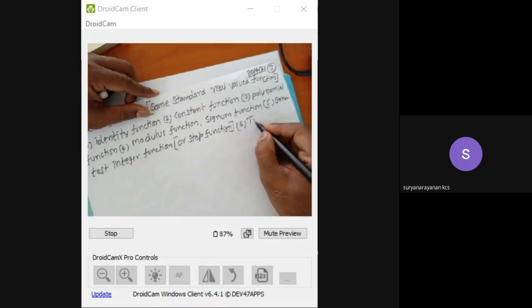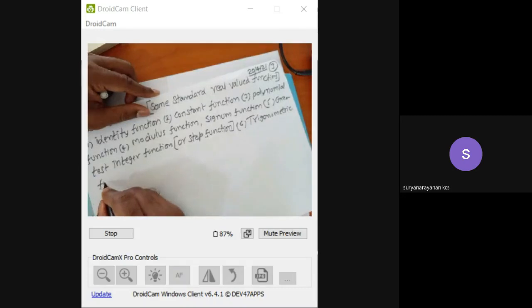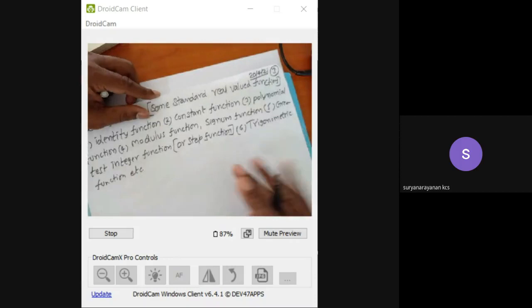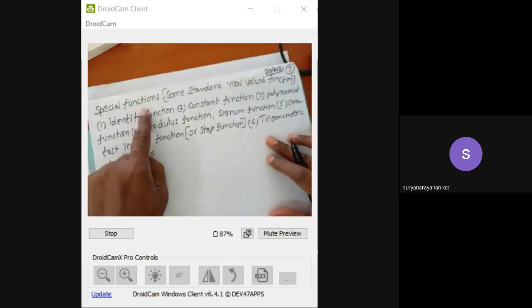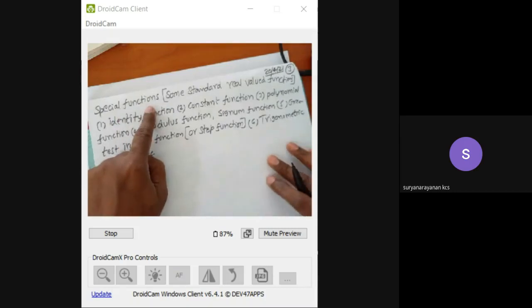Okay, trigonometric function, etc. These are all different special functions we have learnt in earlier class.